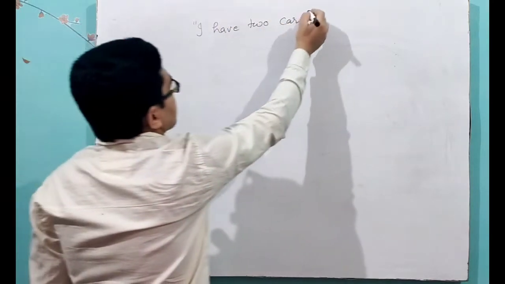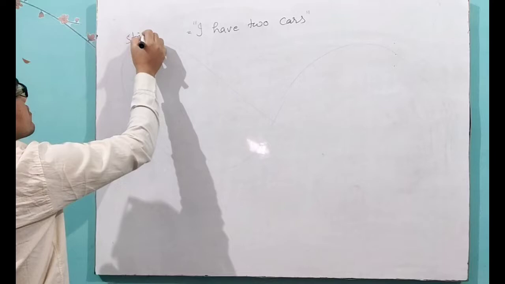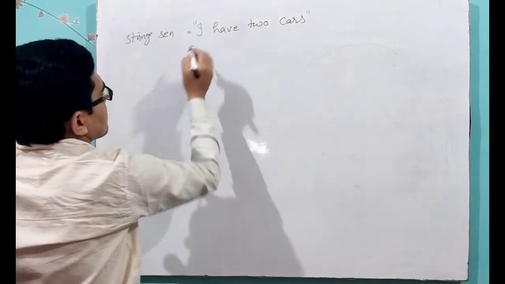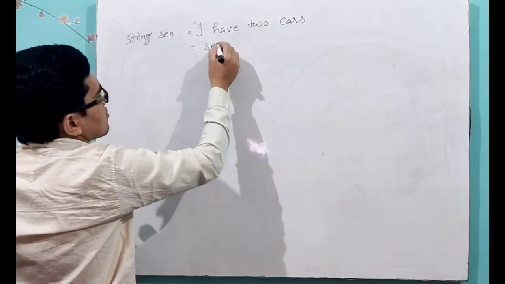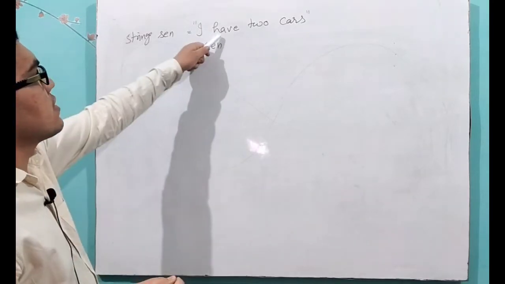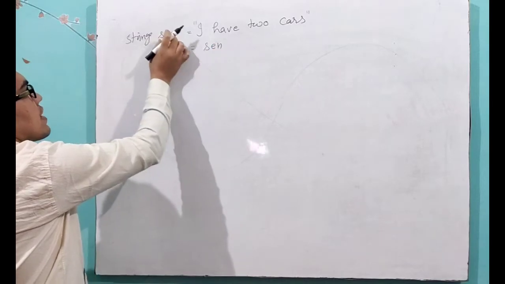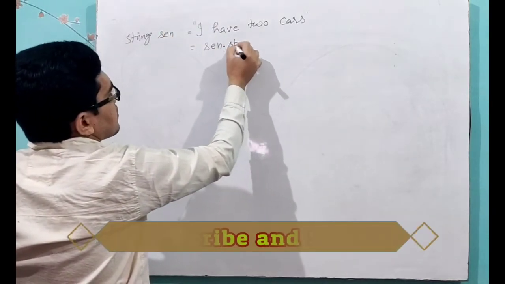Suppose this is a string and this string is stored in string sen. So how to use the split function? You have to write first the string on which you want to apply the split function. So I want to apply it on the sen string: sen dot split.